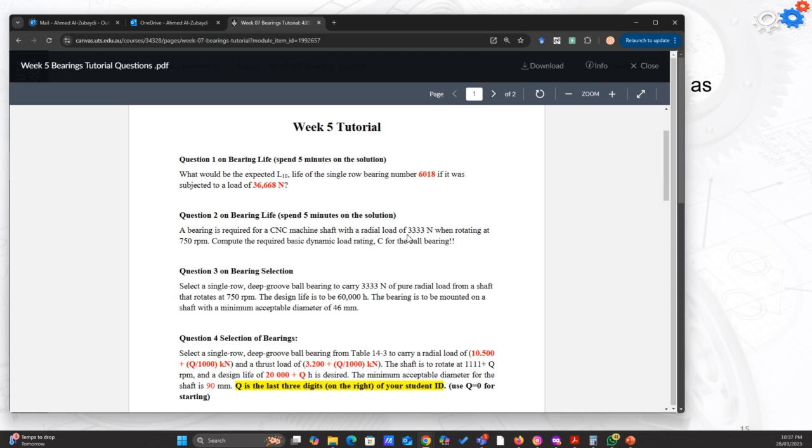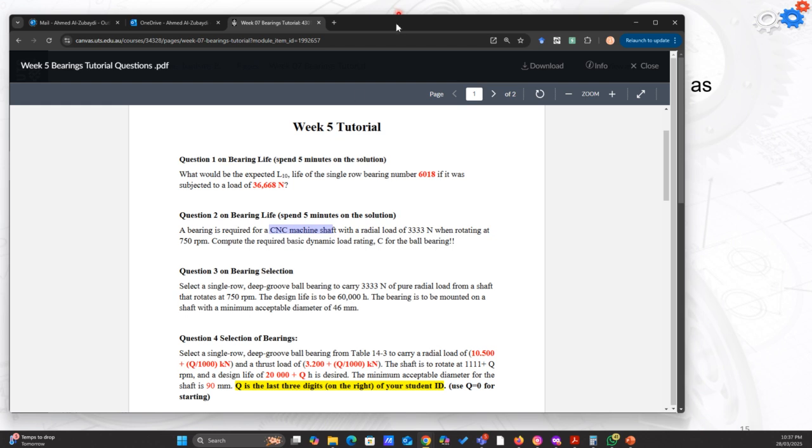The RPM value is given as 750 RPM. So we're talking about the radial force, the RPM value, and the CNC machine as the application, and we need to find the value of the basic dynamic load rating C for the ball bearing.